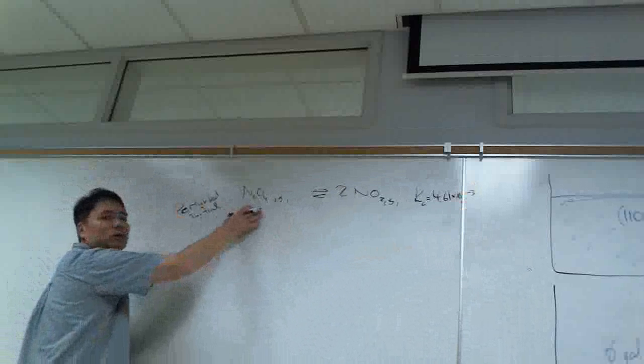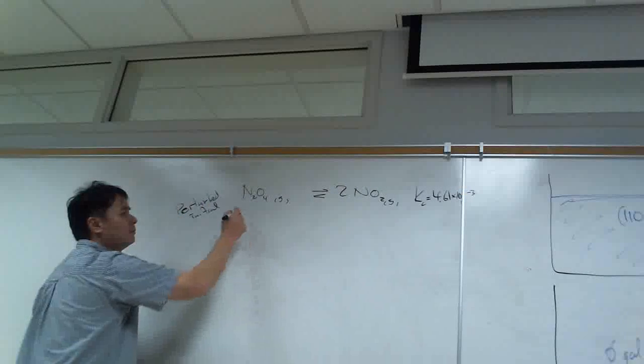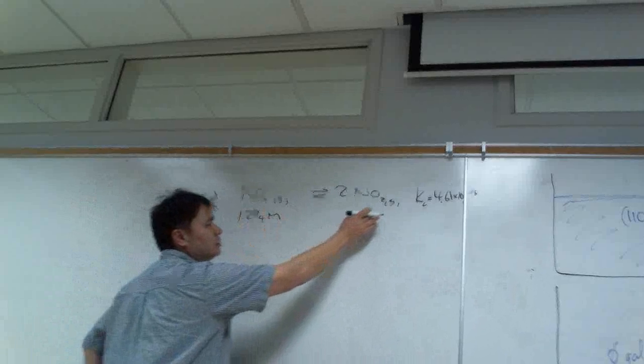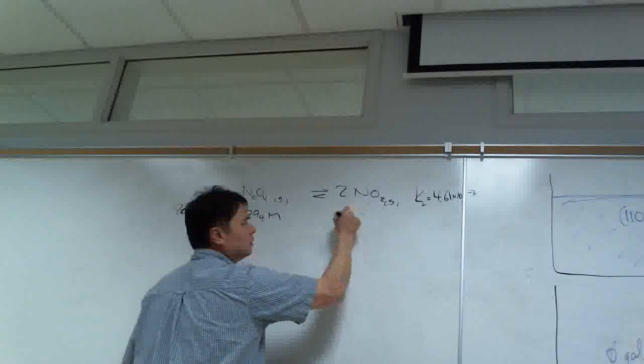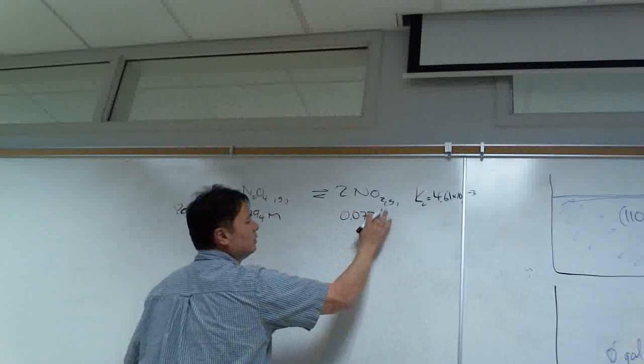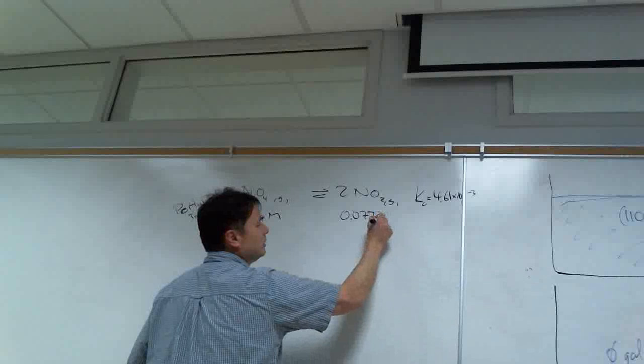And what were the perturbed initial concentrations again? N2O4 was 1.294 molar. And the NO2 concentration? 0.07733 molar.